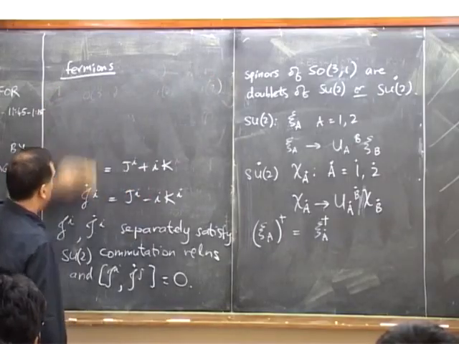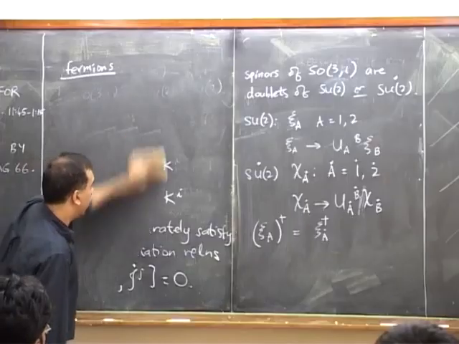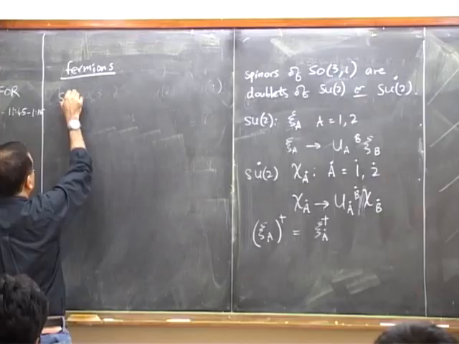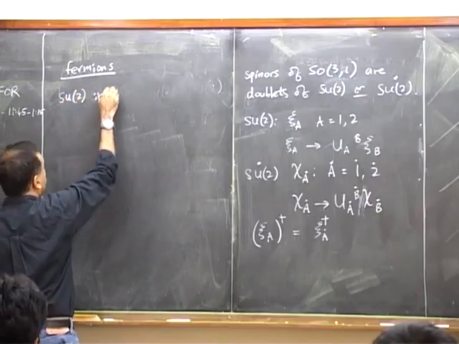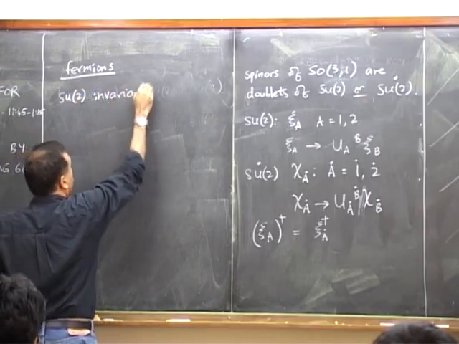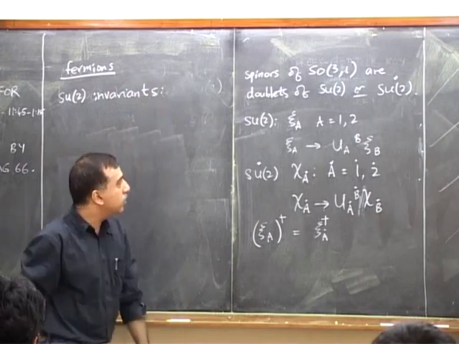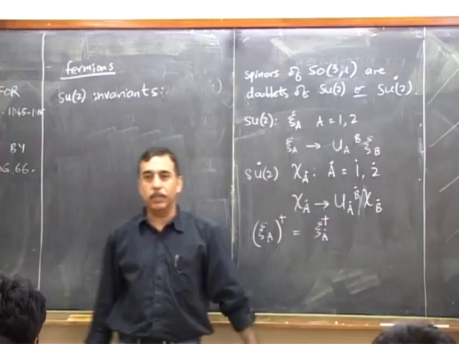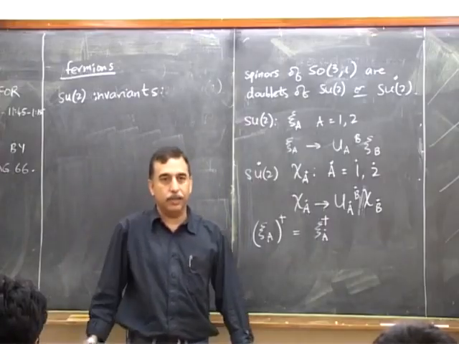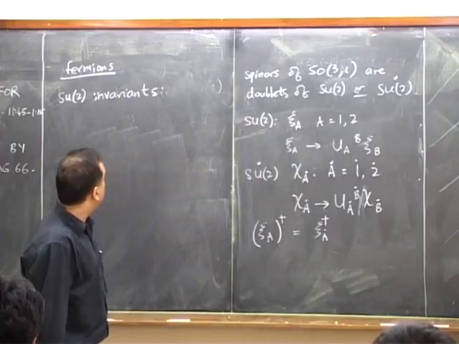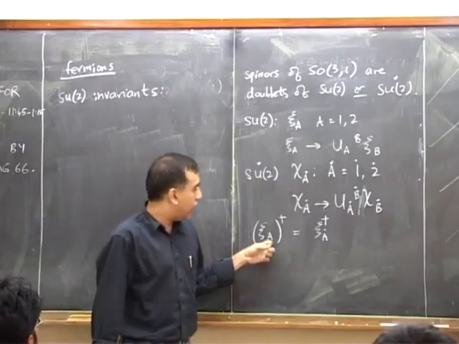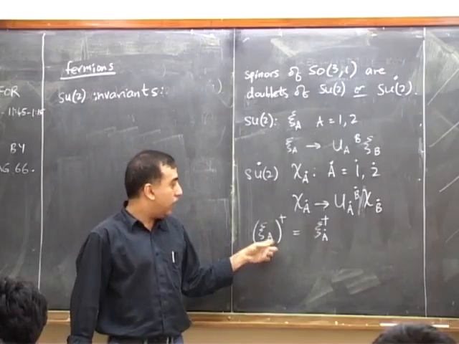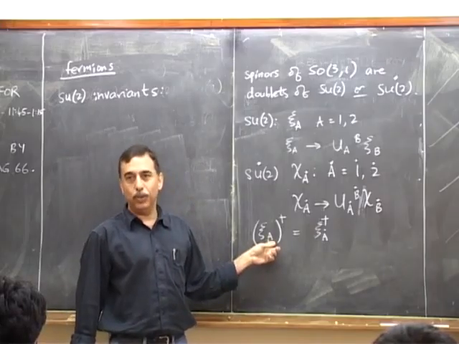Now, for the purpose of writing physical quantities like Lagrangians, we need to make invariants under SU2. And here we finally begin to see the significance of another very arcane operation besides dotting and undotting. The other arcane operation is called raising and lowering of indices. The reason for that is that given psi A, we would like to make a bilinear invariant, but psi transforms only under the first SU2.